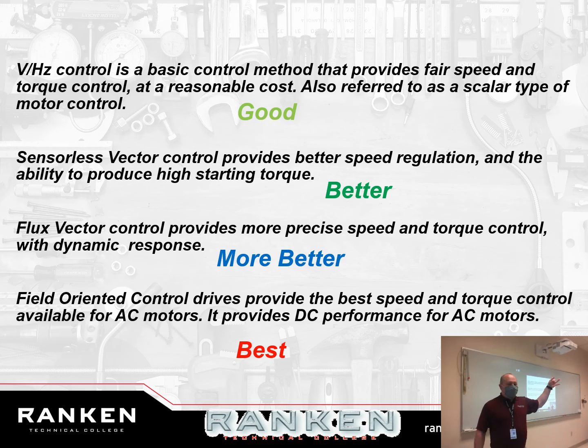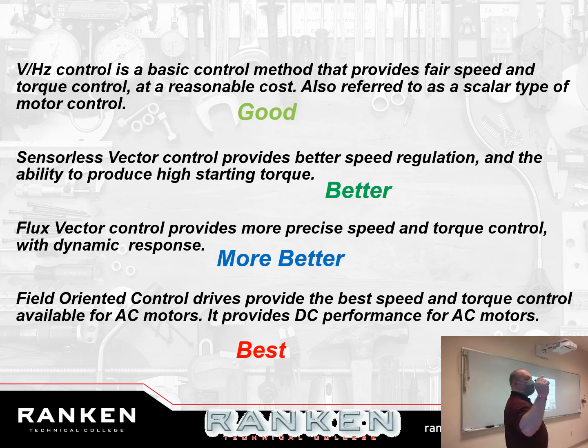The FOV or the FOC, the field-oriented control, provides the best speed and torque control available for AC motors, and provides DC performance for the AC motor. This provides the best torque control at low speeds, okay, because it applies the principle of a DC motor to an AC motor. You get this field that's being generated, and it's monitoring that field.